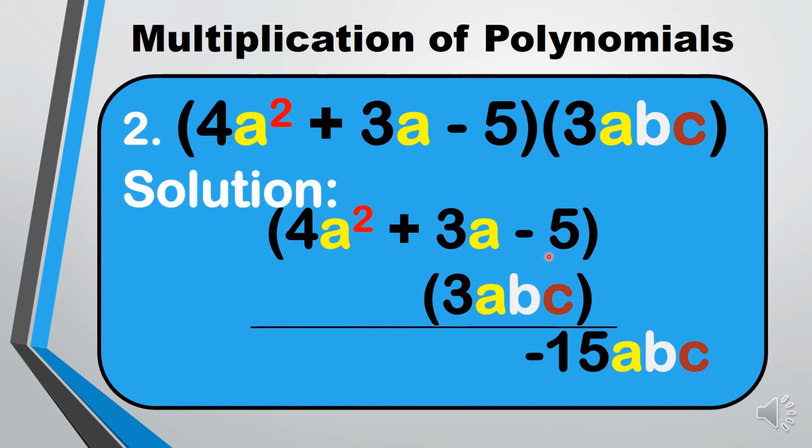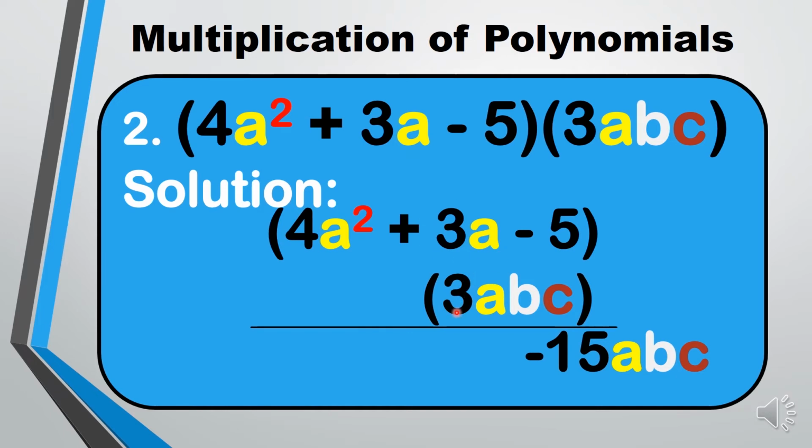Huwag kalimutan, tayo ay susunod sa law ng multiplication of integer, na kapag magkaiba ang sign, negative ang magiging sagot. Muli, 3 times negative 5 is equal to negative 15 at kinopya lang natin ang kanyang mga variables na a, b, c.